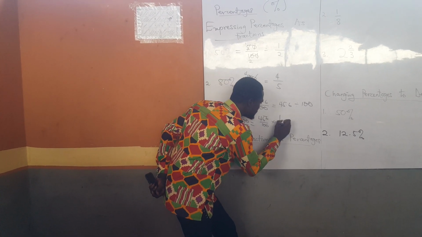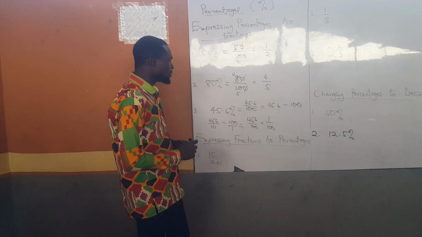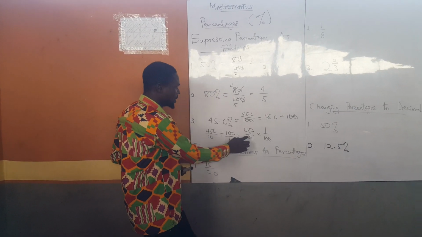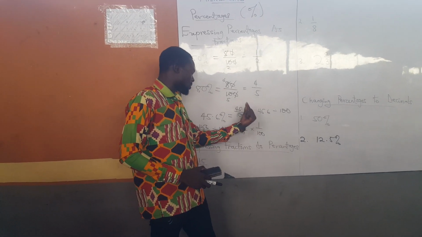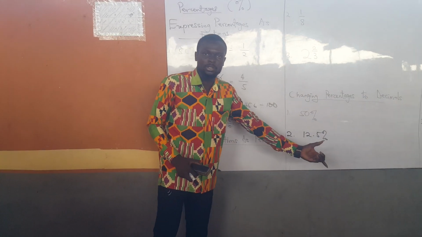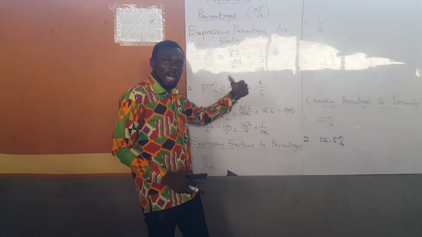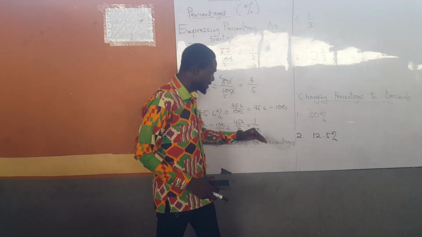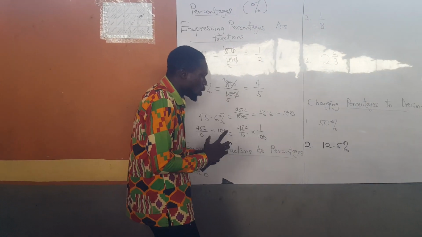Then we are going to take the reciprocal of the fraction here. The denominator here is 10, sorry. So this is going to give us 456 over 10 times 1 over 100. Then let's see if we can cancel or not.